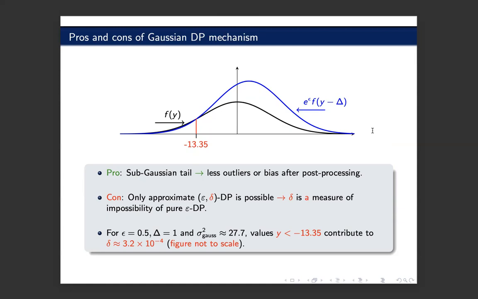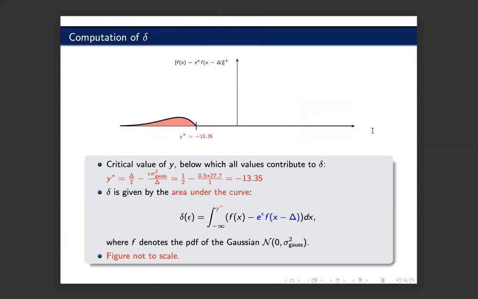For this particular numerical value, delta is computed as roughly 10 to the minus 4. This is the zoomed-in version of that tiny area between those two curves, and you need to compute the area under that.